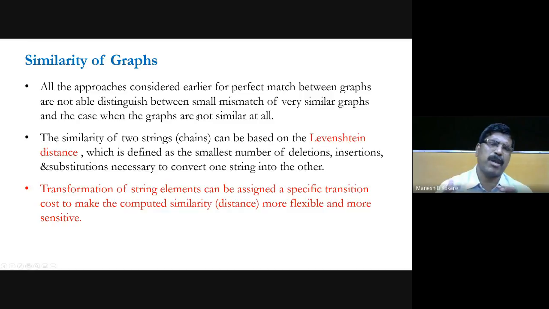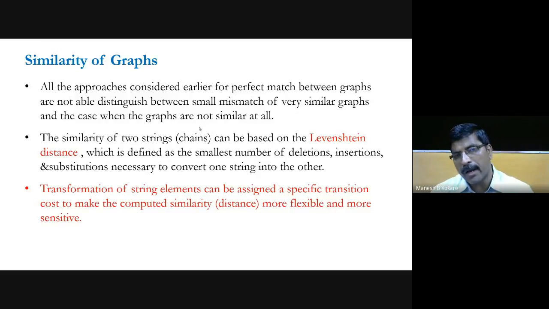There may be a similar graph with a small mismatch, or one which looks the same, but in the earlier graph isomorphism method, you have to match it exactly. Then we can say that this unknown object belongs to that class. So there might be chances that a very similar graph with a small mismatch is there, and in that case, your algorithm will say that this does not belong to that class.